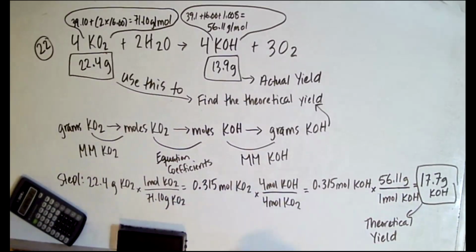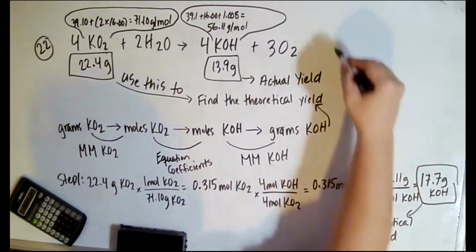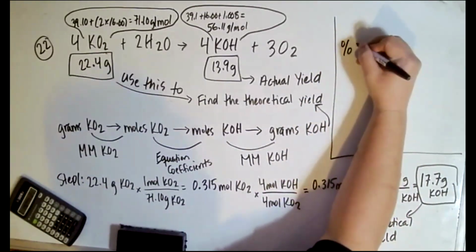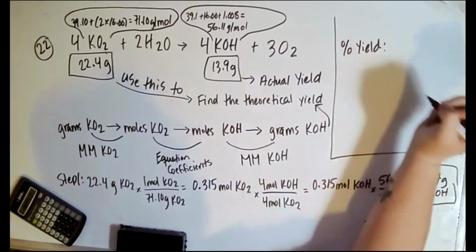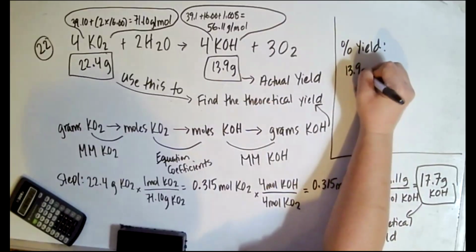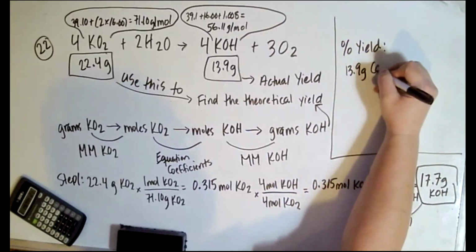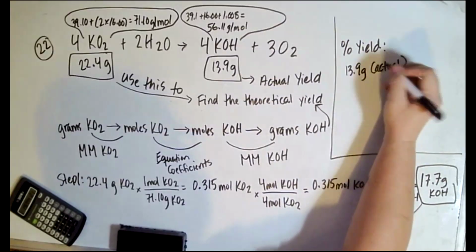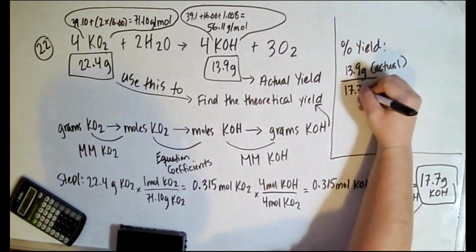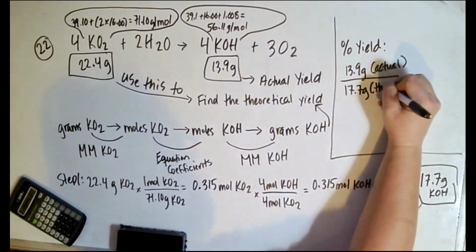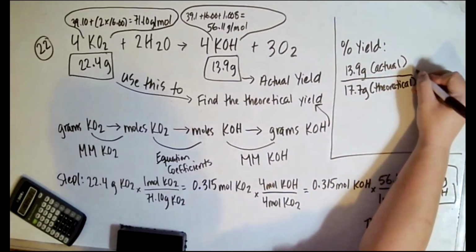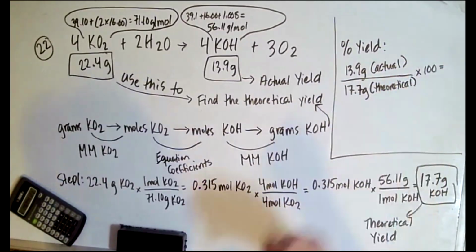Okay, now that we have the theoretical yield, we can calculate our percent yield. So our percent yield is going to be our 13.9 grams, which is our actual yield, divided by our 17.7 grams, which is our theoretical, times 100.